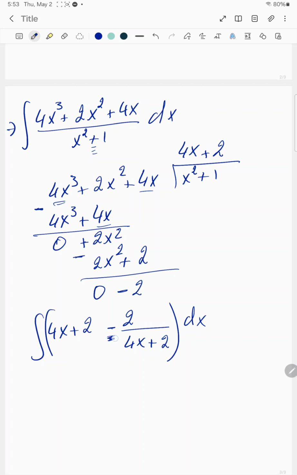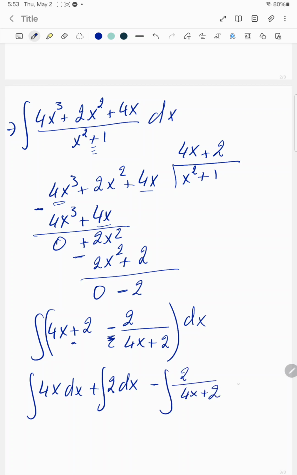And because of that minus here, I can split it. It becomes actually three integrals, because I have a plus here: the integral of 4x dx plus the integral of 2 dx minus the integral of 2 over x squared plus 1 dx.